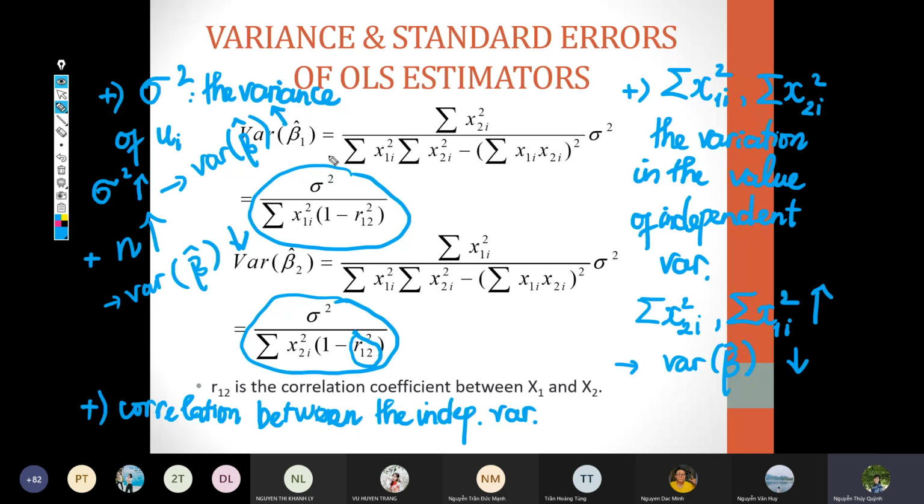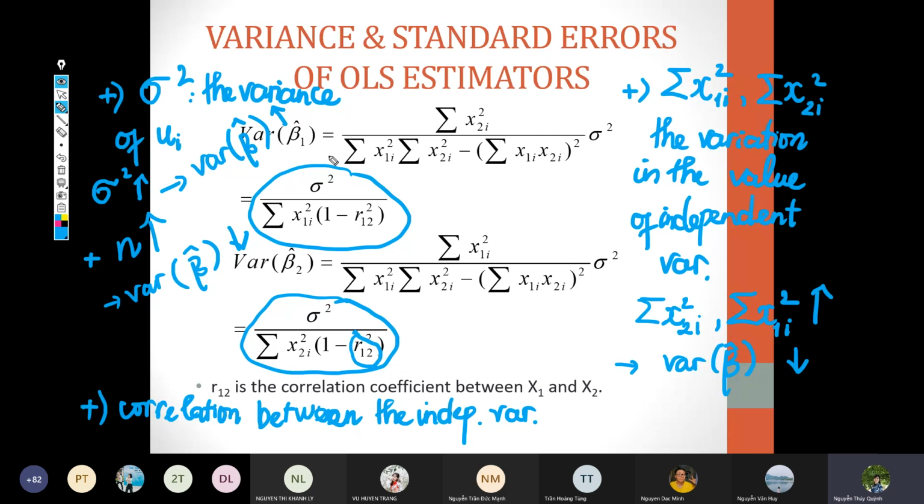We cannot identify the value of the variance of the OLS estimators in that case, because the OLS estimator is too inaccurate, and you cannot specify the specific value of the beta hat.